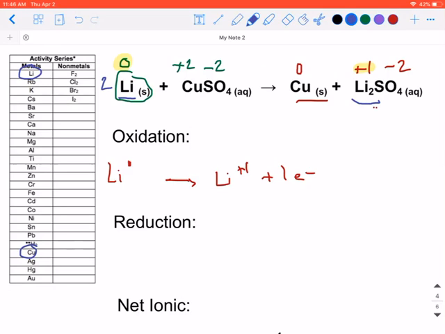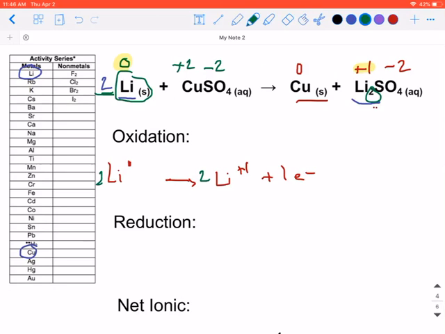I had these coefficients up here, right? I had two lithium atoms to start, and then on my product side, I also had two of these lithium +1 ions. So I'm going to put a 2 there as well. When I'm putting this 2 in front, I'm saying that this reaction is taking place twice.